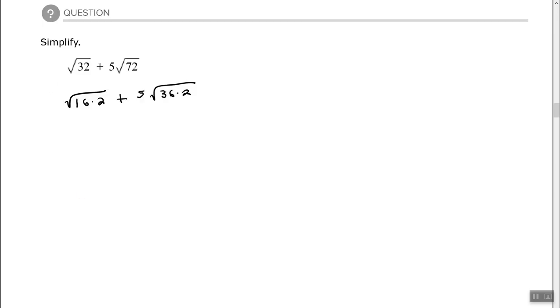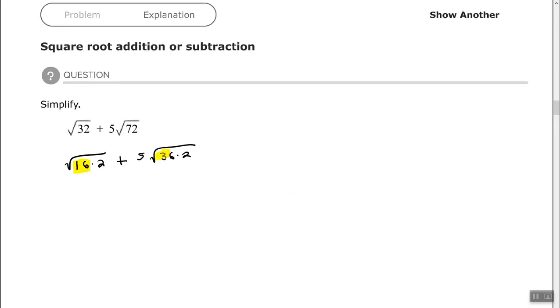Okay, so the square root of 16 here, and we can simplify the square root of 36. So the square root of 16 is 4 times the square root of 2. The square root of 36 is 6. So 5 times 6 times the square root of 2.